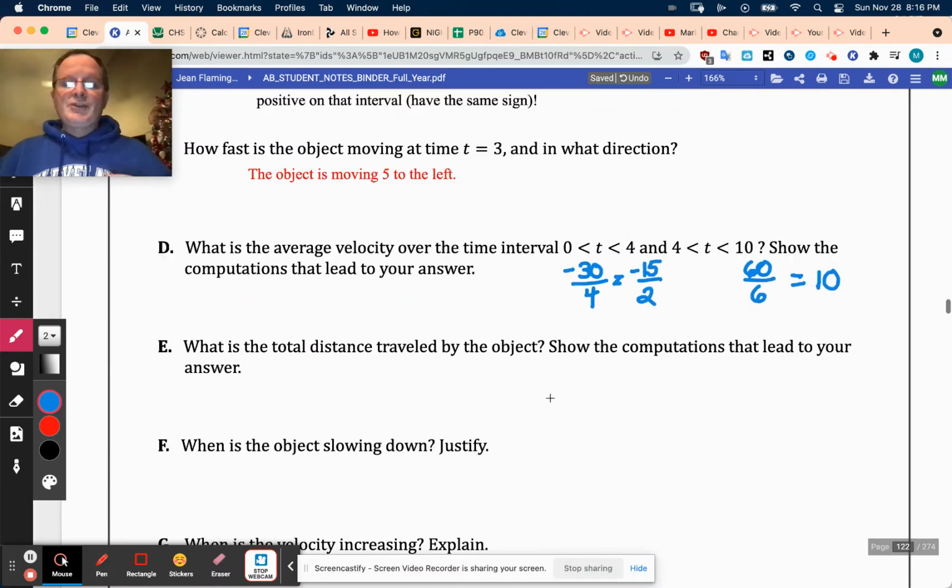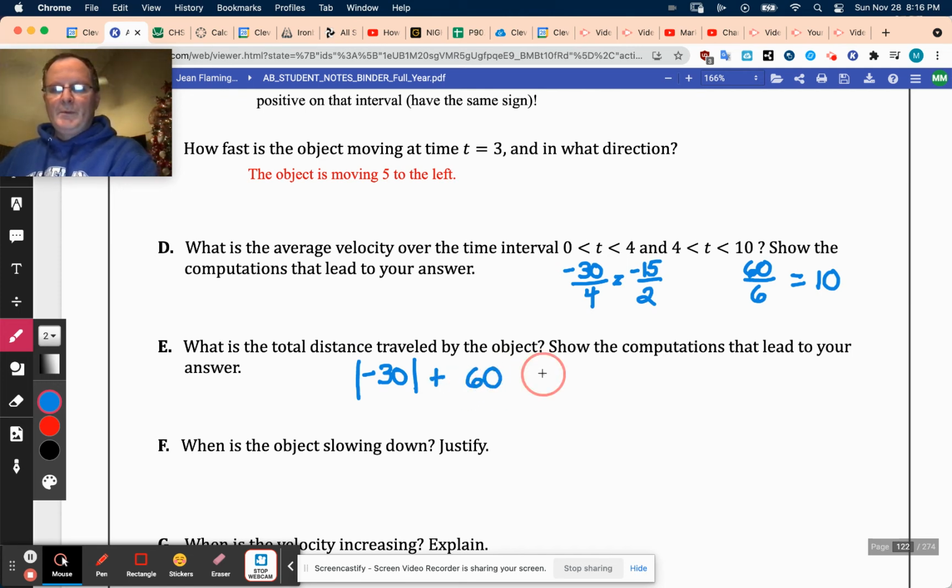All right, total distance traveled by the object. Okay, well, we traveled negative 30 to begin with, but I want that to count not as displacement. I need that to count as actual distance traveled. And then after we did that, we traveled for an additional 60.